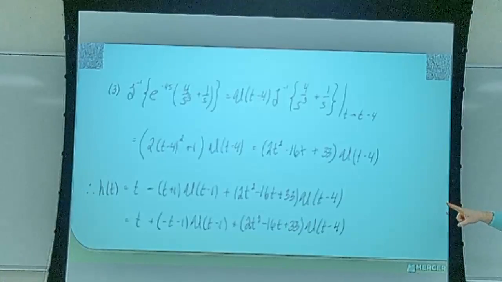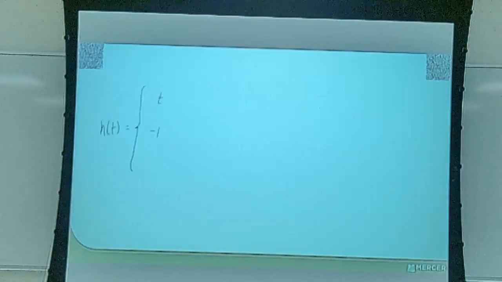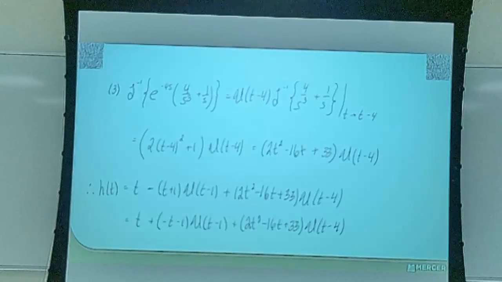We just said f1 is negative 1, right? So add 1 to that. That's your f2, right? 2t squared minus 16t plus 34.